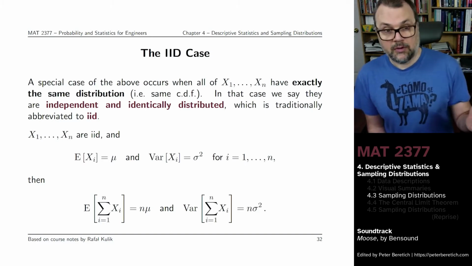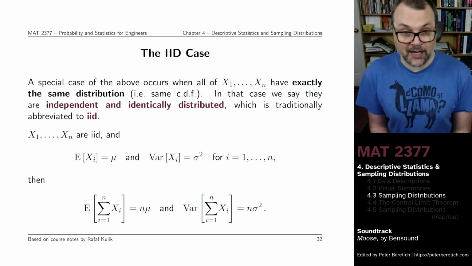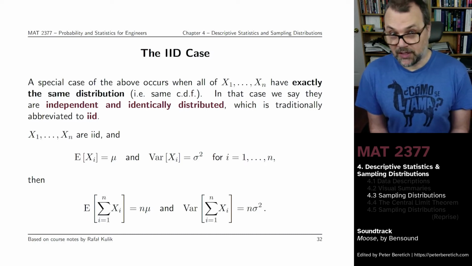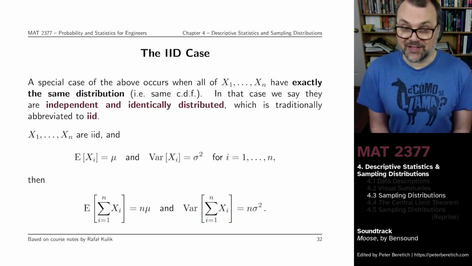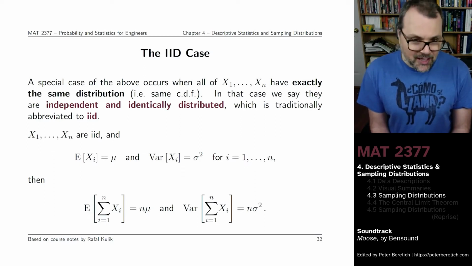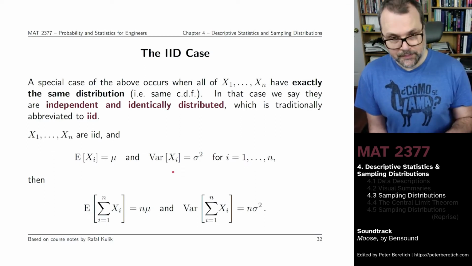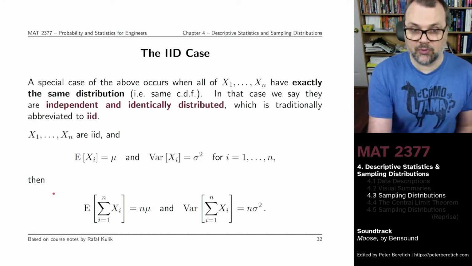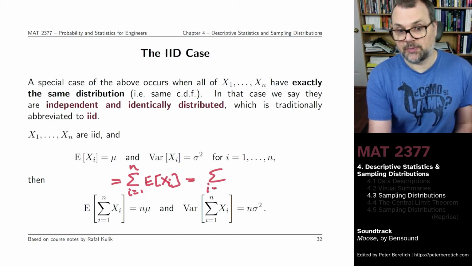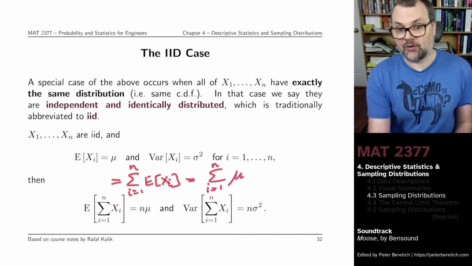So if you have n random variables that are IID, and the expectation for each of them is mu, that's their mean, and the variance for each of them is sigma squared, that's their variance, then the expectation of the sum of the variables, by the rule we've seen previously, is going to be the sum of the expectations, but each expectation is a constant, mu, so you're adding mu together n times.